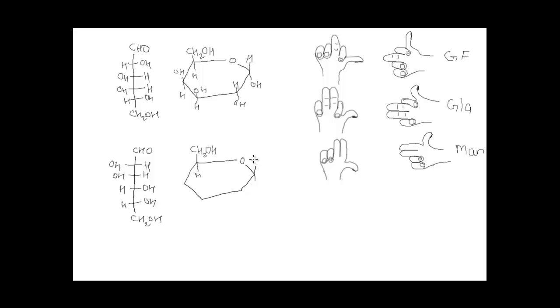If it's a beta compound, the OH is going to go on the top, because if it's a beta, the direction of this and this have to be the same. Now for these three, 1, 2, 3, you just look at the hand: up, up, down. So you have up, up, down.